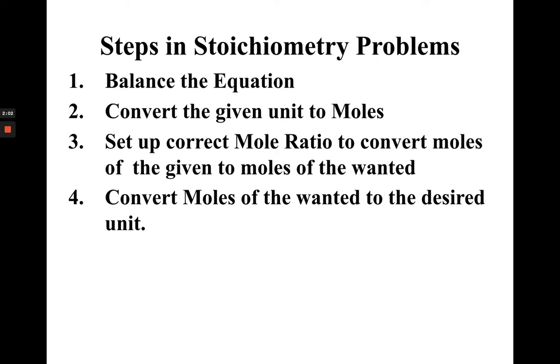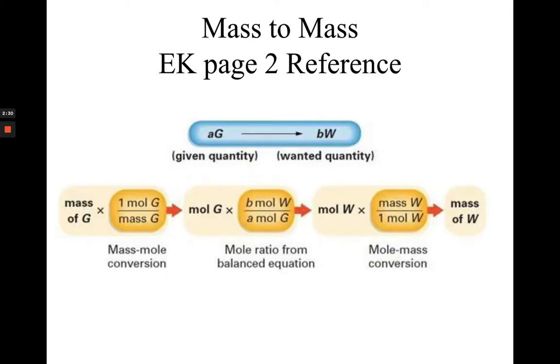Once you have converted the given units to moles, then you can use your recipe, your balanced equation, and you'll set up a mole ratio to convert moles of what you were given to moles of what the client wants. All right. Now, once you know the moles of the wanted, you can then convert the moles of the wanted to the desired unit. Now, this is going to make a lot more sense as we work through some examples. So let's try a couple of examples to see what I mean.